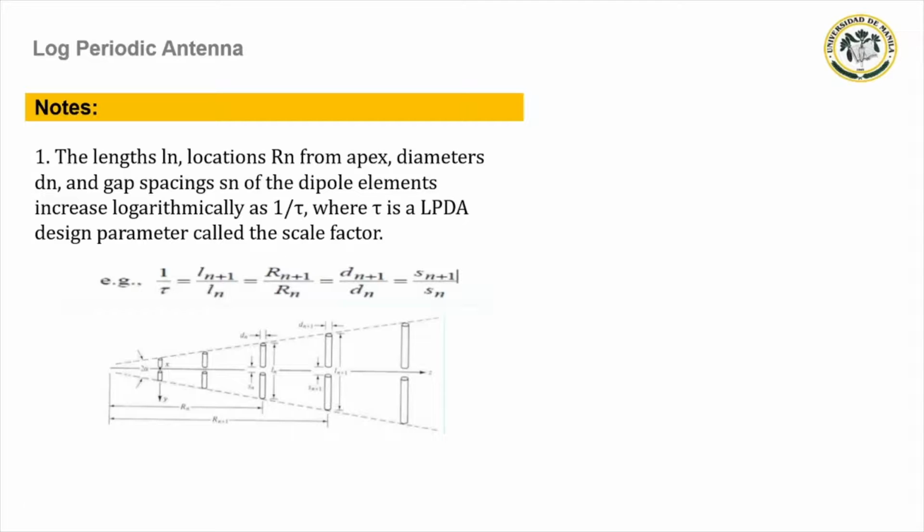For example, 1 over tau equals L sub n plus 1 over L sub n, equal to R sub n plus 1 over R sub n, equal to D sub n plus 1 over D sub n, equal to S sub n plus 1 over S sub n.